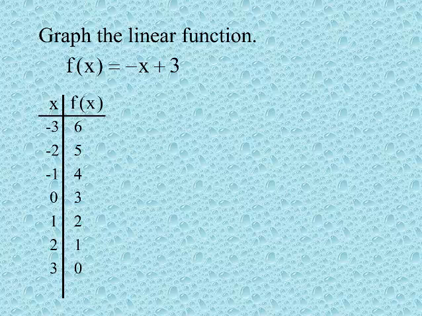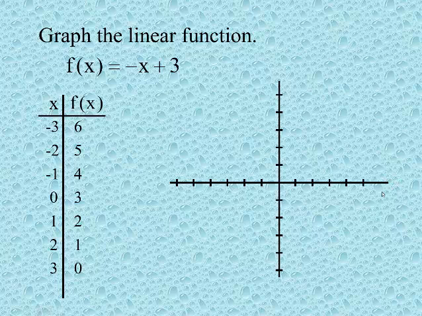Now I'm going to graph these as ordered pairs. So I'm going to set up my axes here. And the horizontal axis is always the x-axis. And instead of it being the y-axis, we're just calling it the f of x axis. Just another way of saying y.